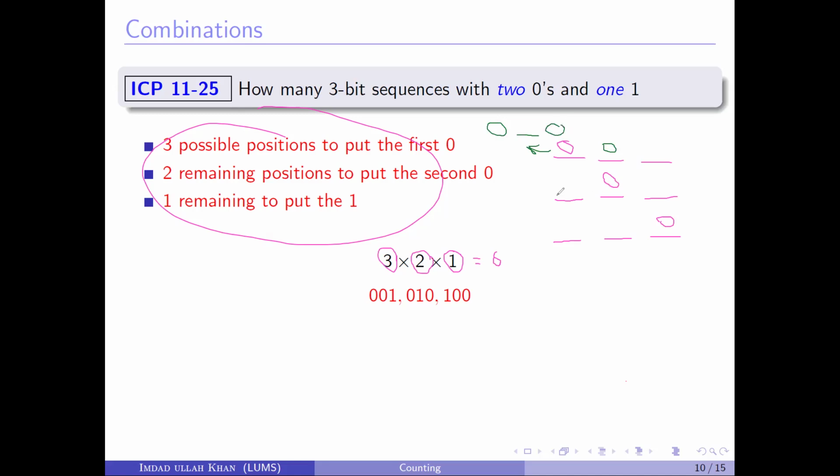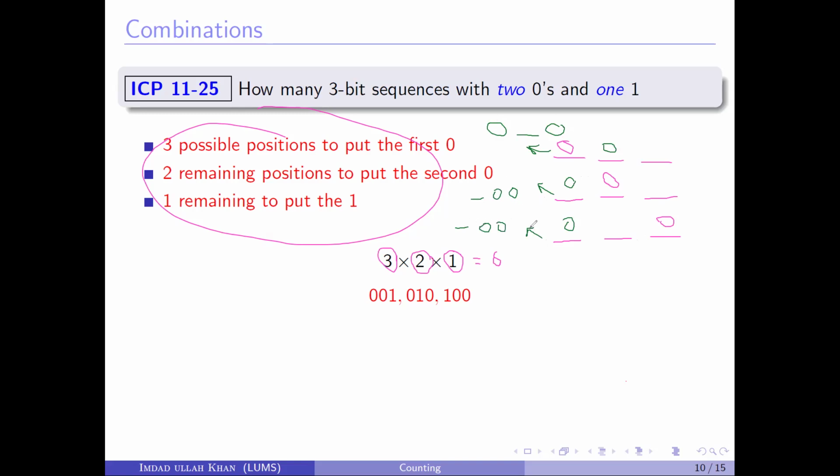If you look at the second row, we can put the second zero over here, or we can leave the first place as it is and put the second zero at the end. If we look at the third possibility, the second zero can go at the start, or we can leave the first place and it could go to the second position.